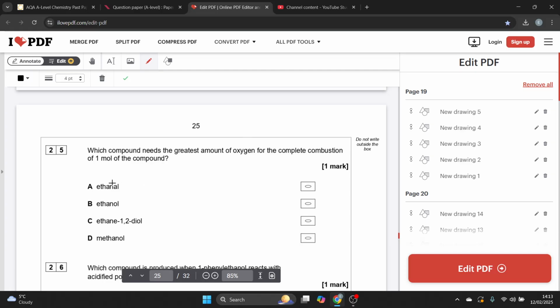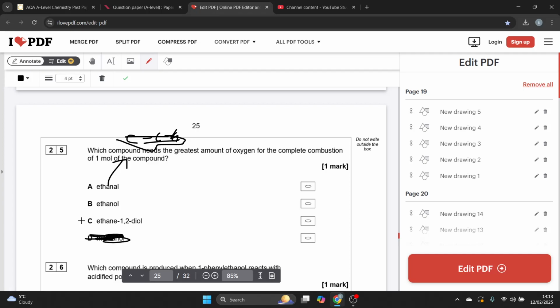Well, what is ethanol? Methane, ethane, and it's got obviously that carbonyl group. It's an aldehyde, so it's already going to have that. Methane definitely is not going to need the greatest amount of oxygen. It probably needs the least.